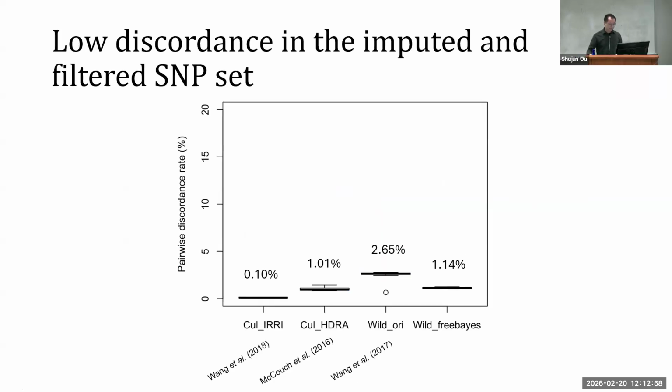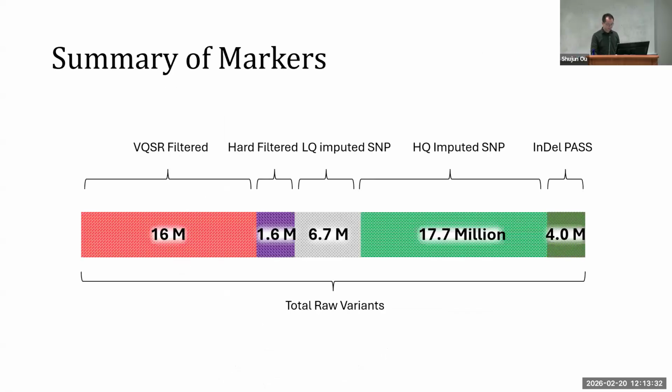To test whether the imputed and filtered SNP set is of high quality, I used other data sets to cross-validate our core set. I used published data sets for cultivated rice from SNP arrays, for wild rice, and a different SNP caller, Freebayes, developed by our faculty here, Erik Garrison. They show a pretty low pairwise discordance rate, which gives me confidence in the quality of the data sets.